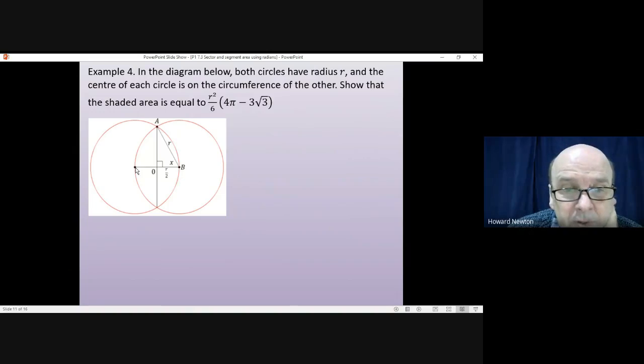But also we know that this total distance between the 2 centers also has to be r, because from the center to the circumference has to be r, which means that this distance here, OB, is a half r, r over 2. Now, I'll let you have a go at moving on from there. So pause the video, have a go at this, and then come back to me when you're ready.